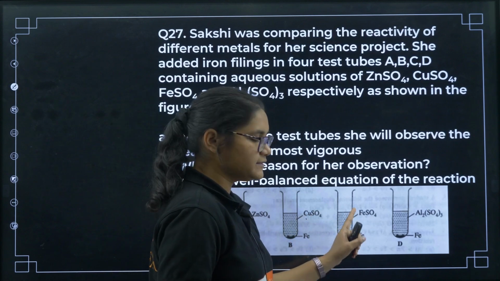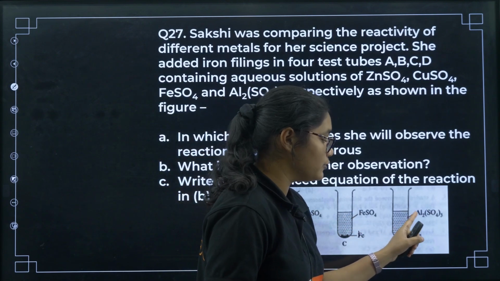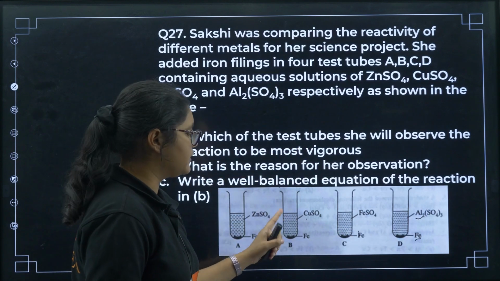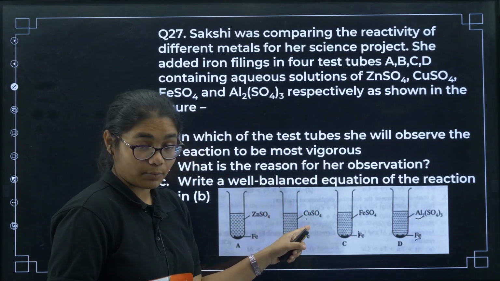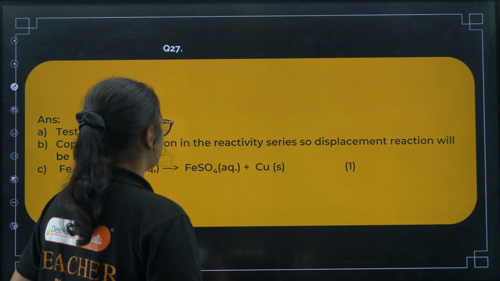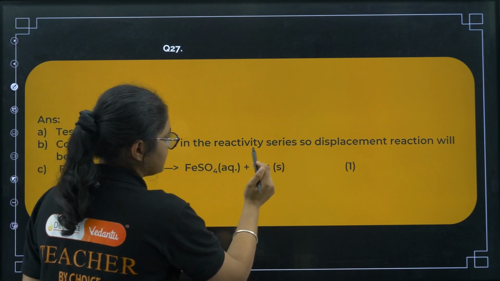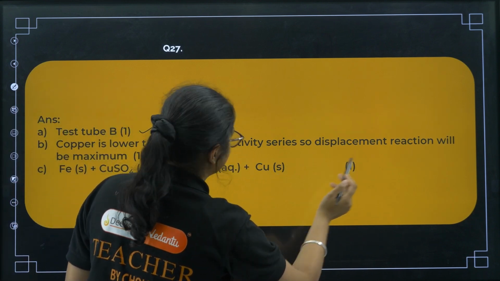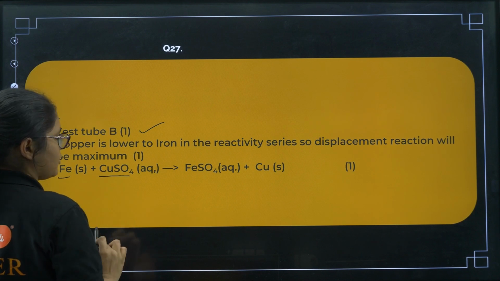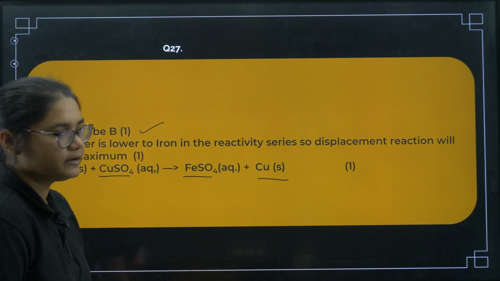Again, Fe and Fe have the same reactivity, so no reaction takes place here, and aluminium is definitely more reactive than Fe, so no reaction here. So Fe can replace copper in copper sulfate to get iron sulfate. So the first answer is B. Now why? Copper is lower than iron in the reactivity series, so the displacement reaction takes place to the maximum extent. Now the reaction, if you write: Fe plus copper sulfate gives iron sulfate plus copper. Clear?